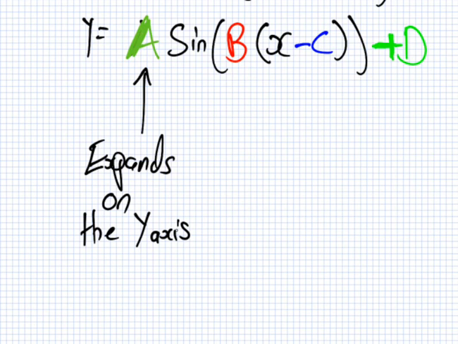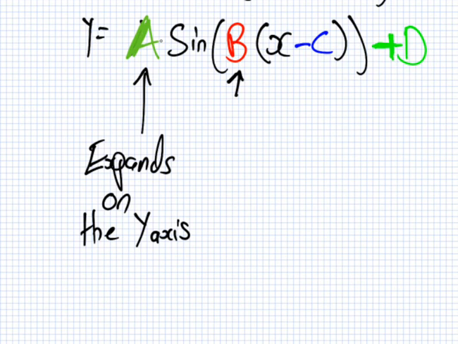Now, what we're going to have a look at is how do we draw these when they're slightly different forms. For example, if I have something like y equals a sine bx minus c plus d.